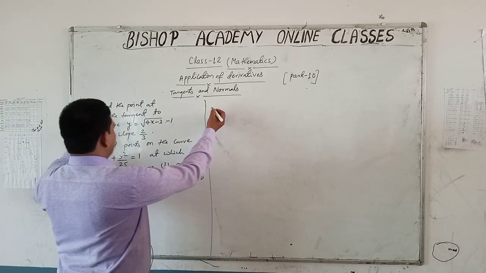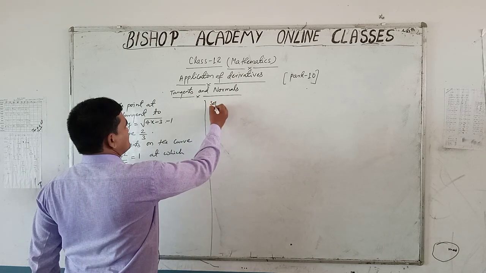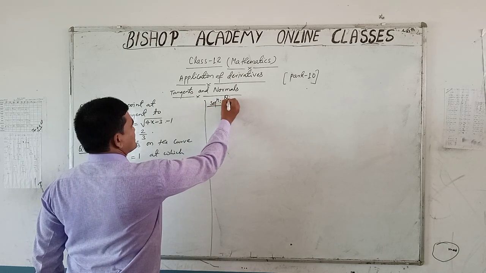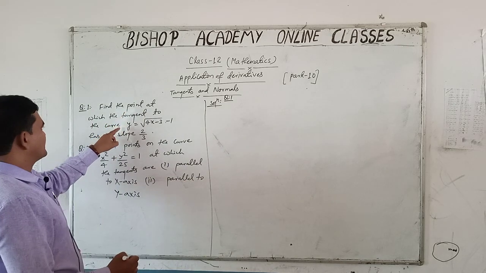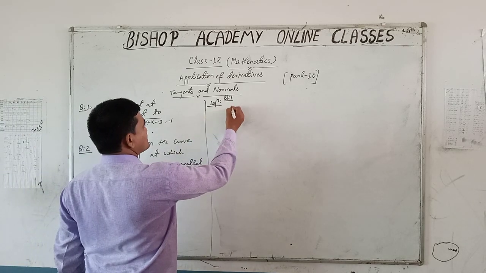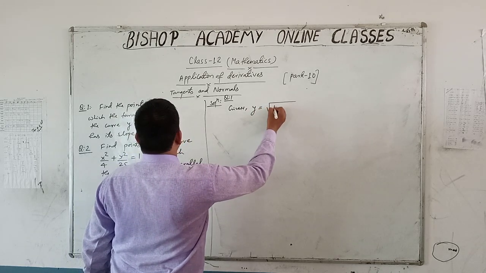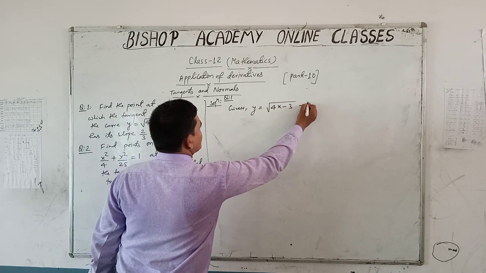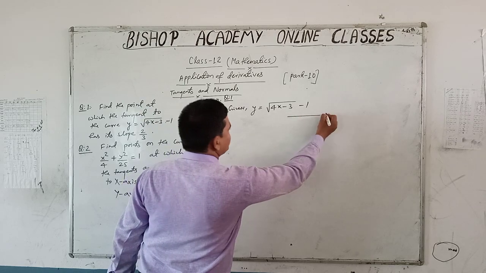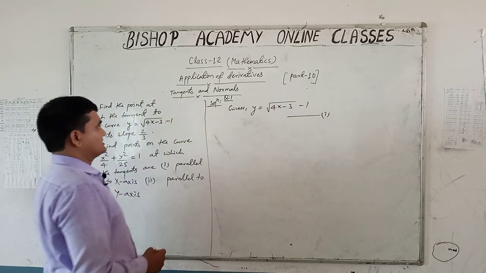Now we will solve question number 1. The given equation of the curve is y equal to root of (4x minus 3) minus 1. Let this be equation number first.